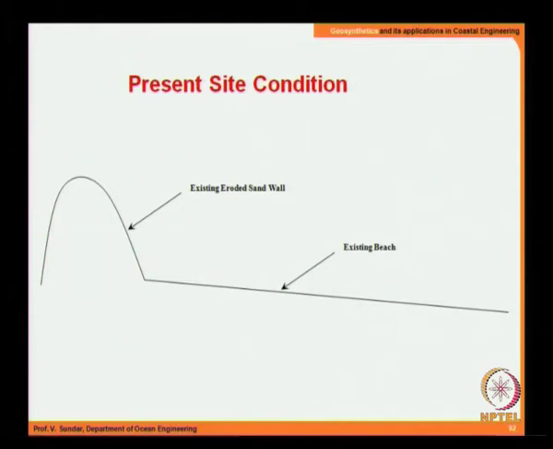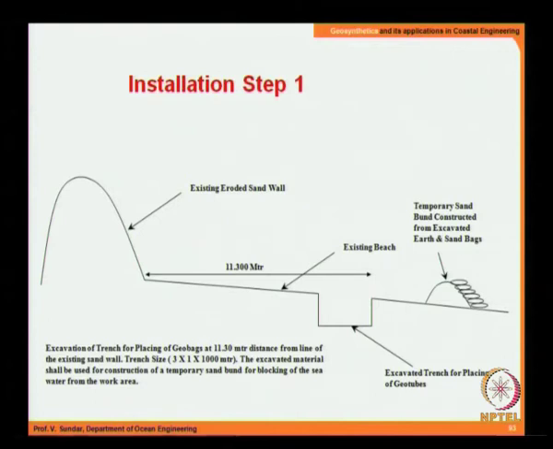So what was the site condition? This was the site condition. Initially, the construction sequence I am just suggesting, a temporary bund was constructed from excavated earth and sandbags. Then the excavation took place here, mostly for placing the geotextiles, and then placing geobags at 11.3 meters distance from the line of the existing sand wall.